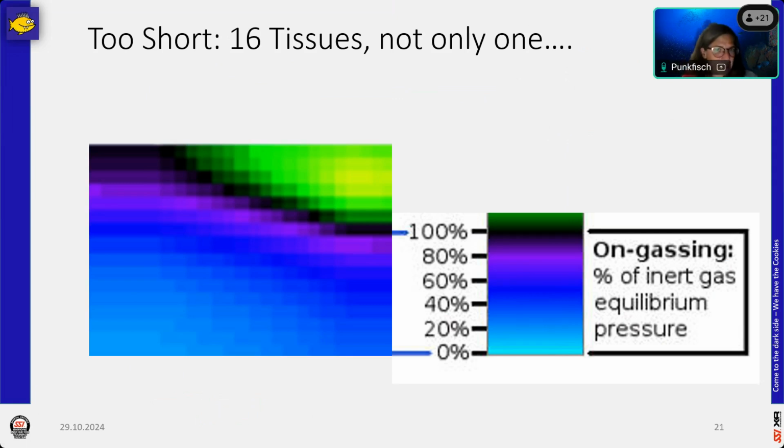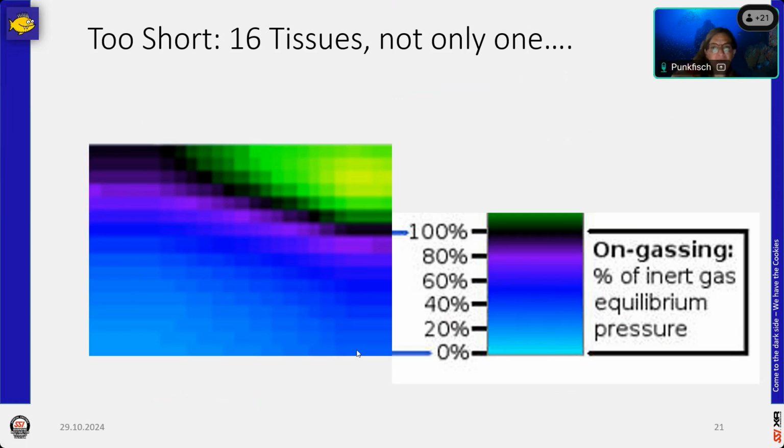You can plan some dives and observe with these heat maps how your decompression is going. So what you can observe here during a dive is that you have these 16 tissues. You have 16 lines here, one under the other. And each of these lines represents one tissue, from the very fastest to the very slowest.